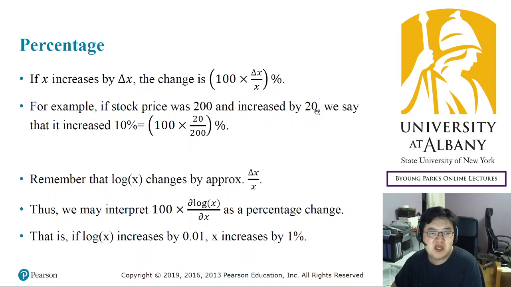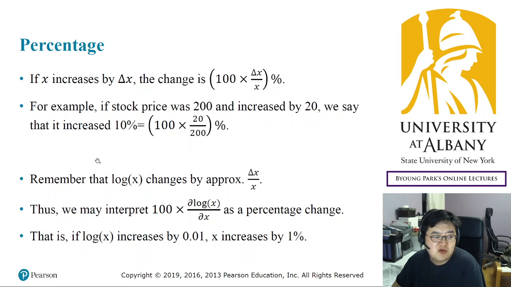So 20 divided by 200 times 100 is 10%. This can be generalized in this form: x increases by delta x, and multiply by 100. That's the percentage change.